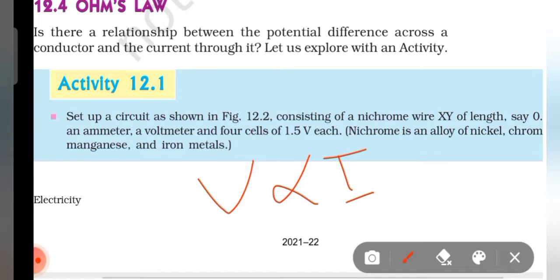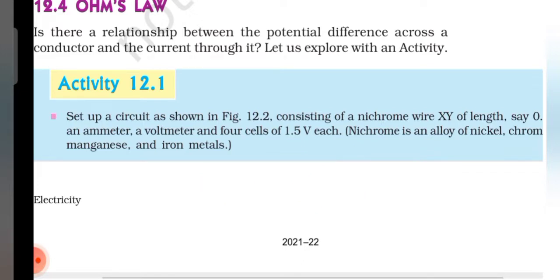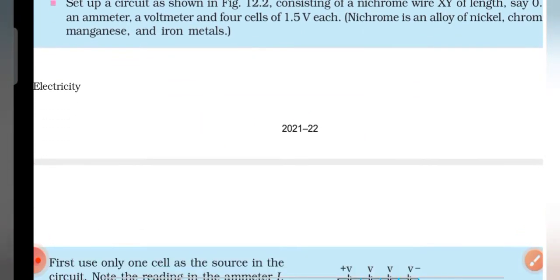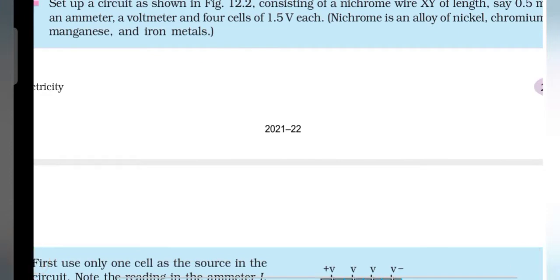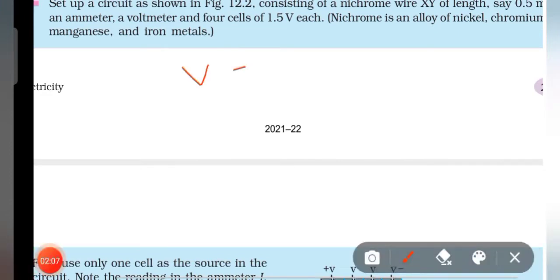Mathematically this relation can be described as V = IR, R being constant.